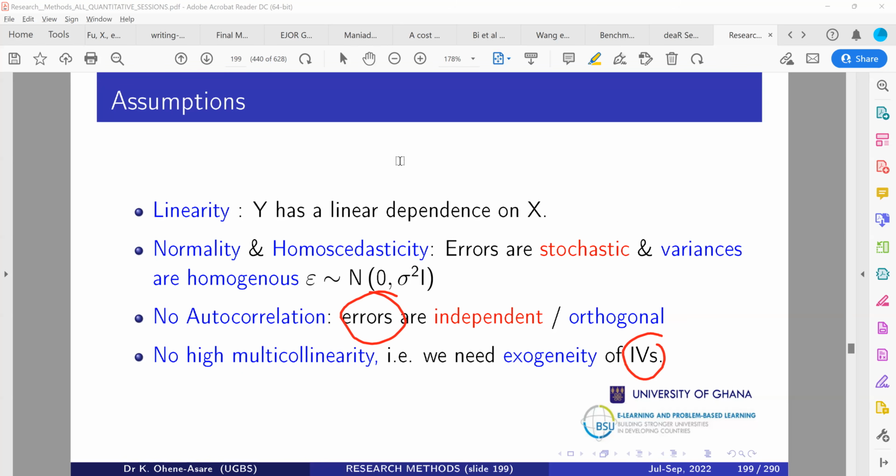I want you to write this down. I'm telling you the meaning of multicollinearity.